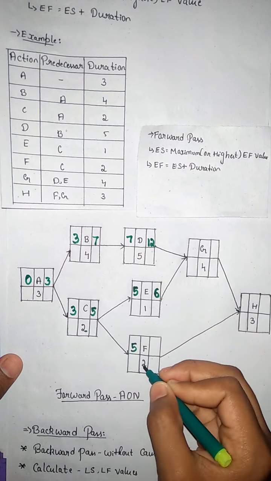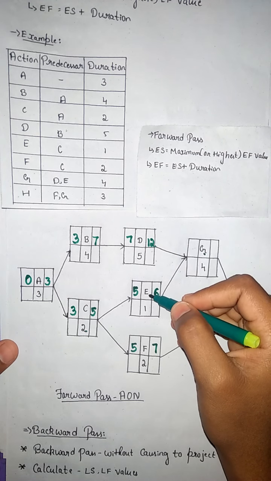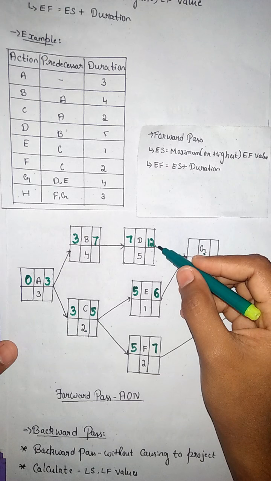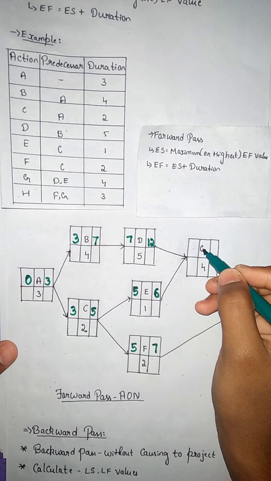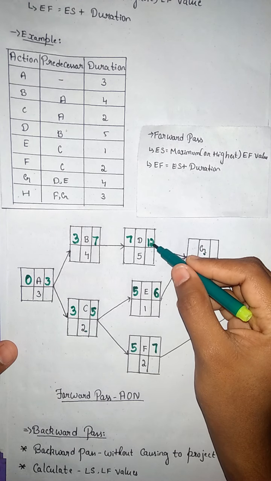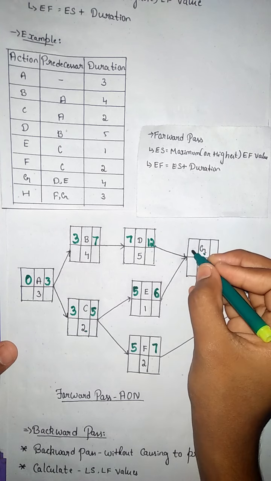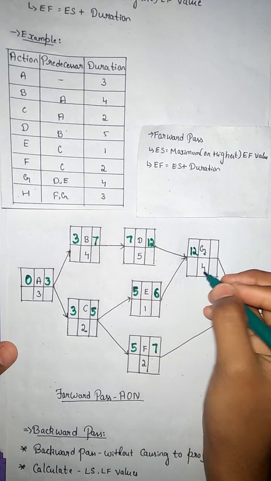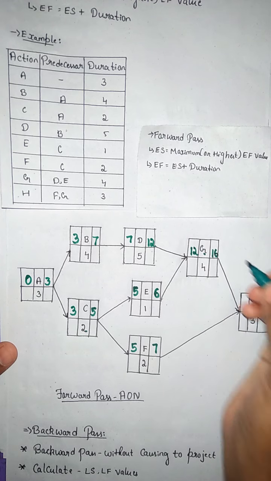Now, to move on to G, we have two predecessors, D and E. So for getting G's early start value, we need to check the highest early finish value, that is 12 or 6. 12 is the highest finish value, so we consider 12. 12 plus 4 will be 16.